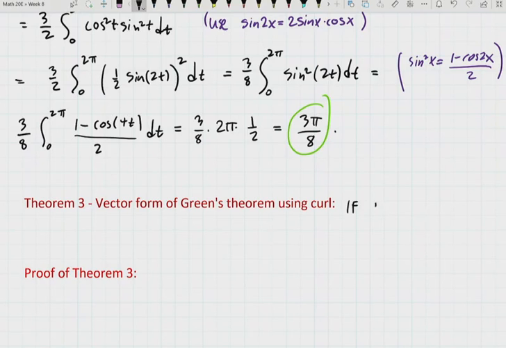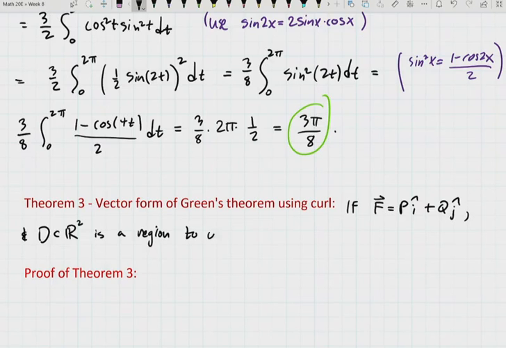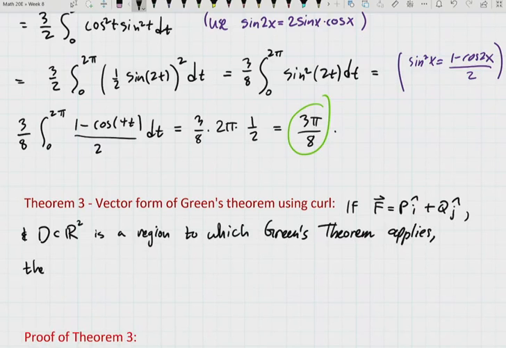So if F is some vector field on the plane, P i hat plus Q j hat, and D in R2, then you can write Green's theorem using curl.